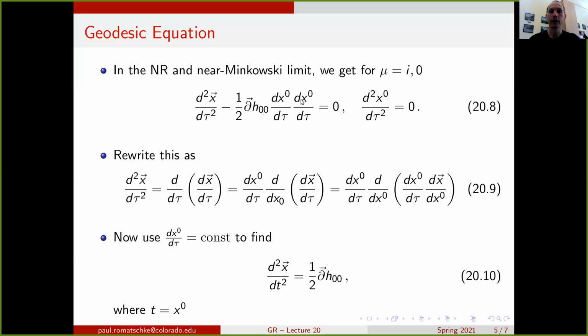And then the dx0 by d tau squared is precisely the same term that is appearing over here. So that cancels out of the geodesic equation for the space-like parts. So this equation, using this rewriting, then turns out to be an equation like this: the second derivative of the coordinates is equal to 1/2 times the gradient of this function h00.